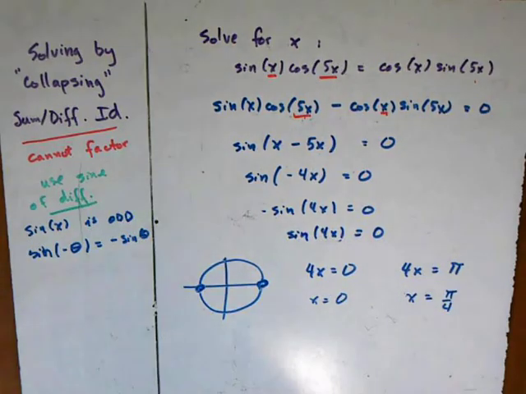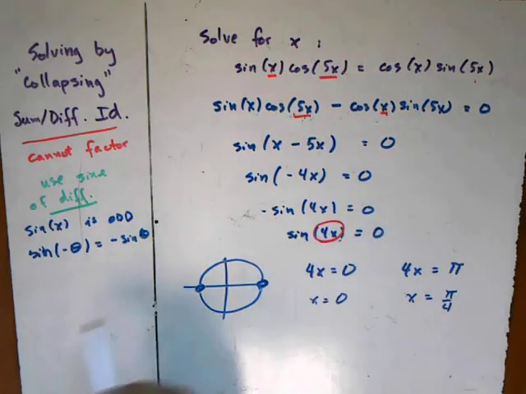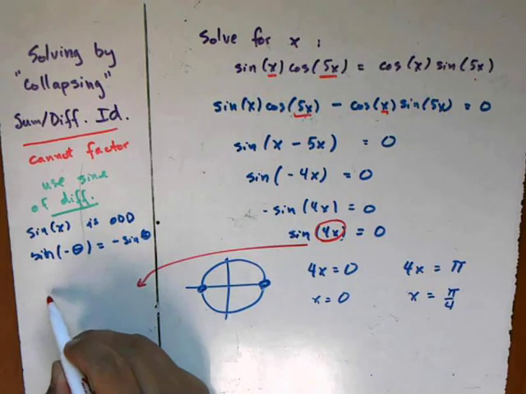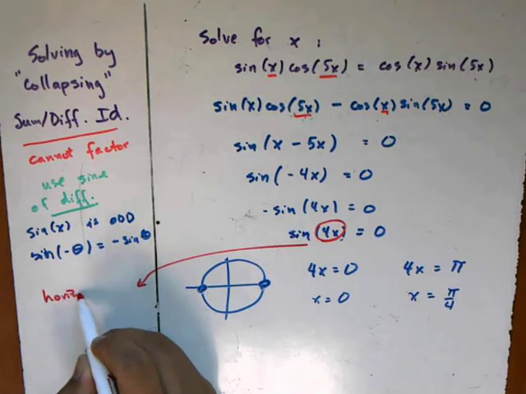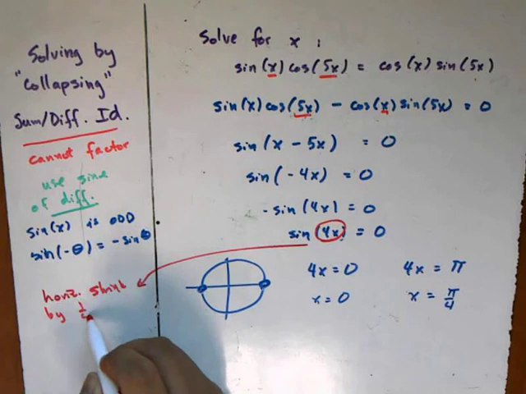Now, one thing we have to be careful about is we're so used to just adding 2 pi n to this. The reason we add 2 pi n is because the period of the sine x function is 2 pi. In this case, though, just a quick note here. I'm going to circle this and make a note on the side. You have a horizontal shrink by 1/4.